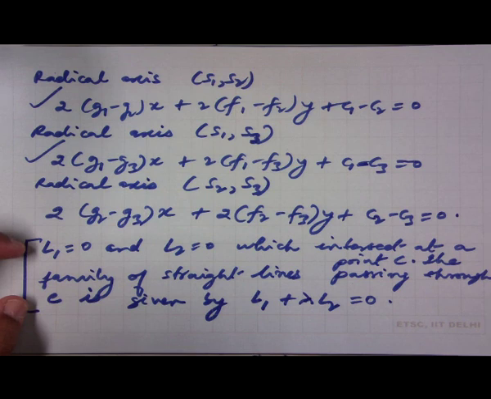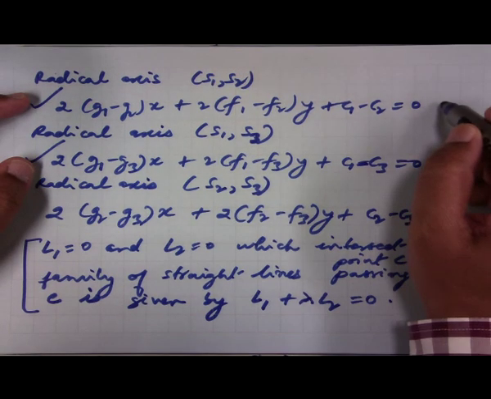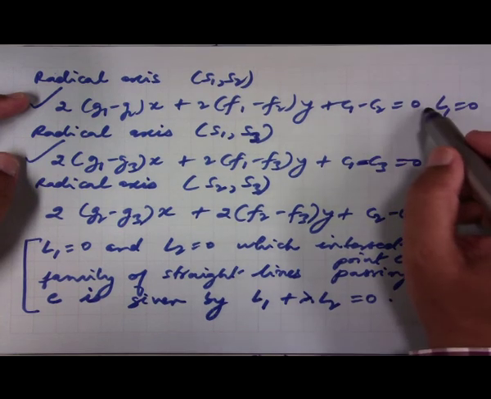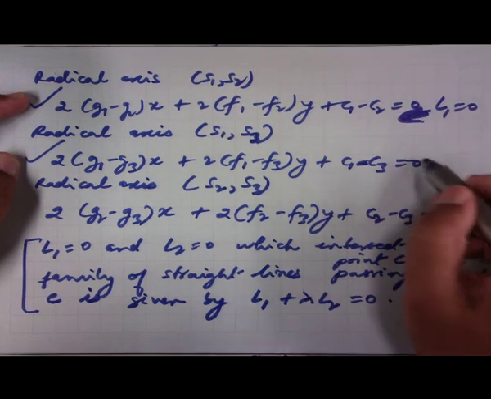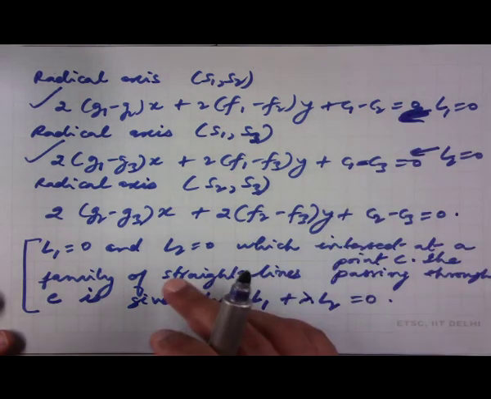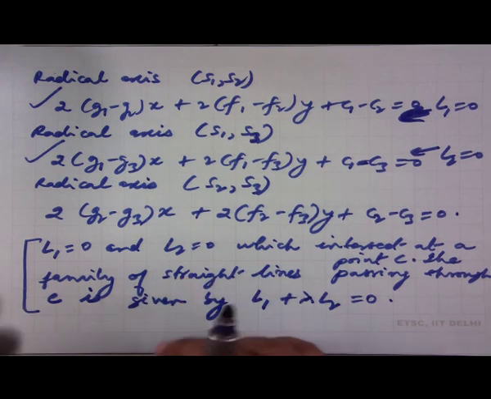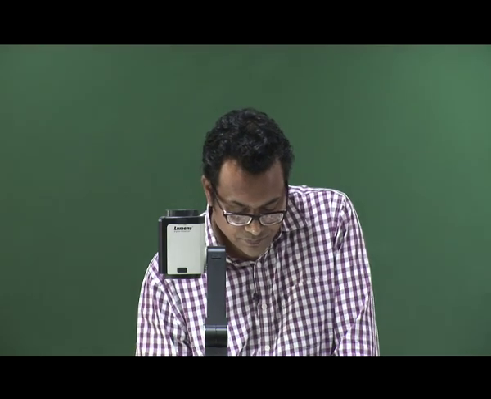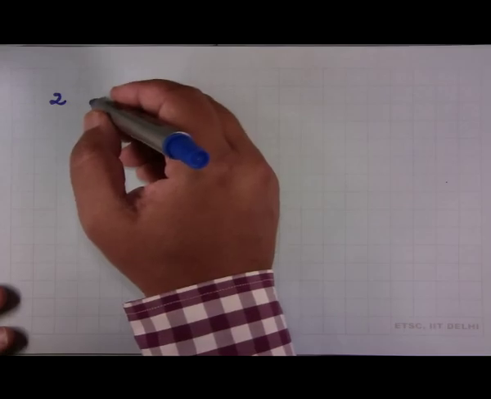So, applying this to our case, let us say that this is the first line L1 equal to 0 and this is the second line L2 equal to 0 and both of them intersect at this point C. Then any straight line which passes through this point of intersection C can always be written in this form L1 plus lambda L2 equal to 0.